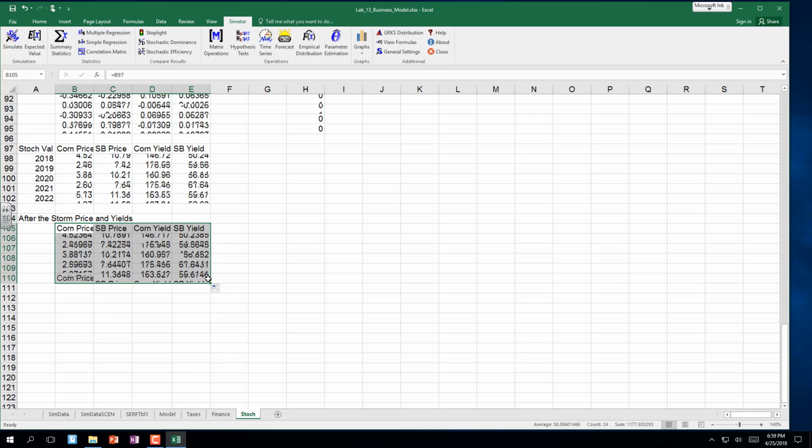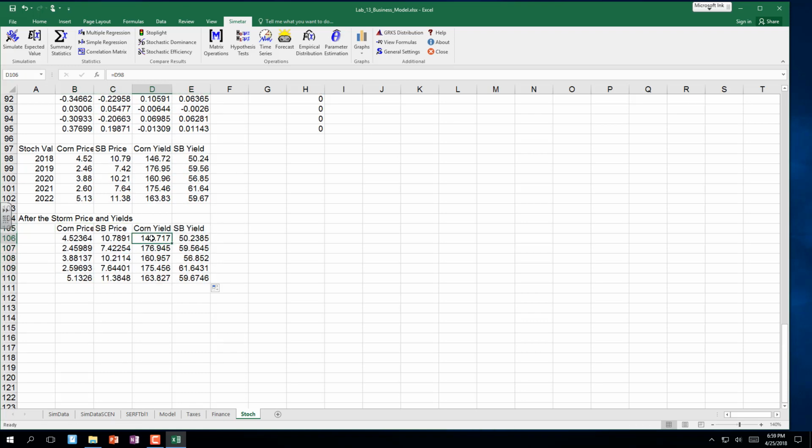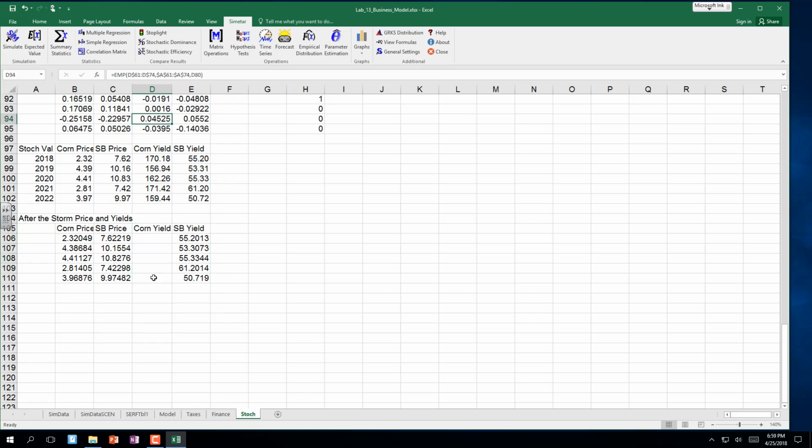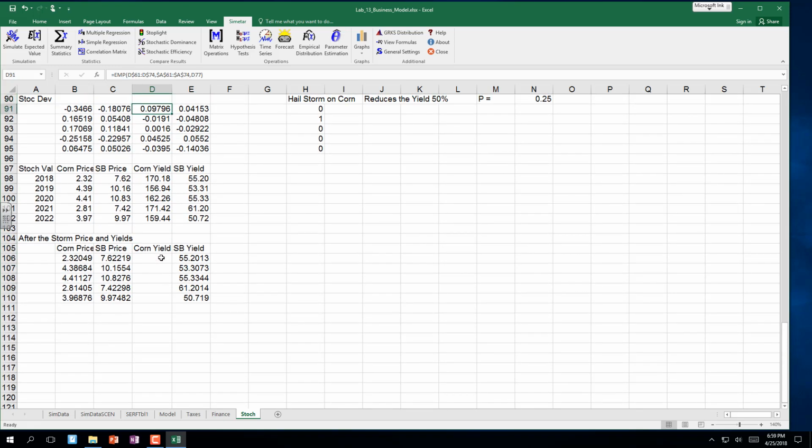One more. Now, I'm going to kill this. It says equal IF, okay, if the value here is equal to 1, then I'm going to take whatever value is there and multiply it by 0.50. Else, I'm going to use that number just the way it is.